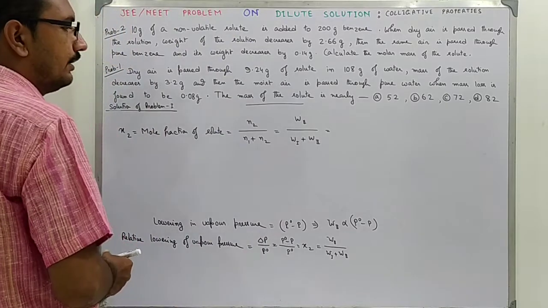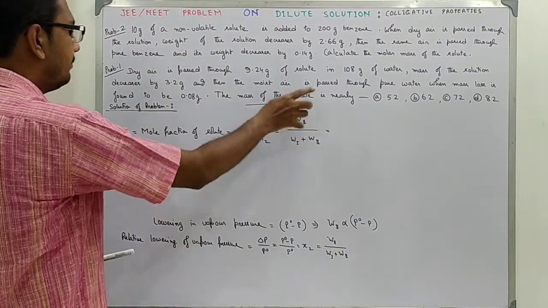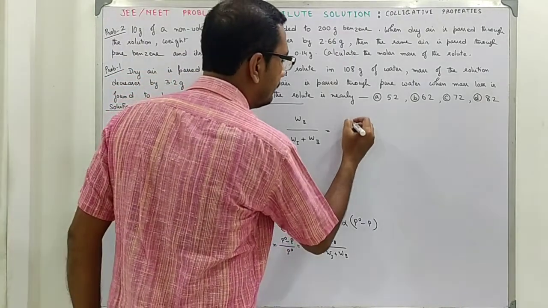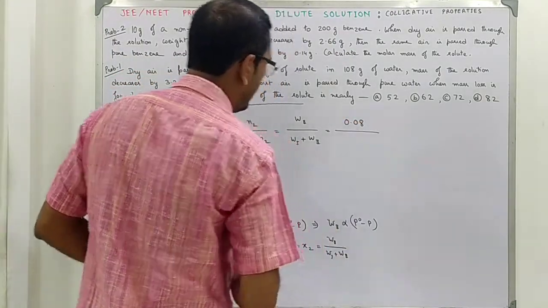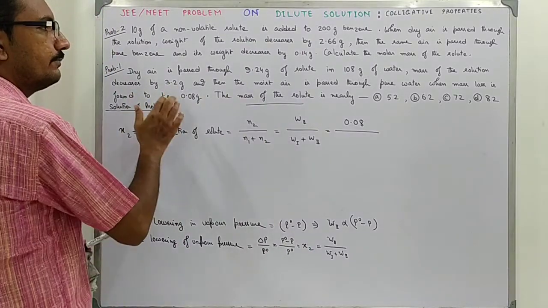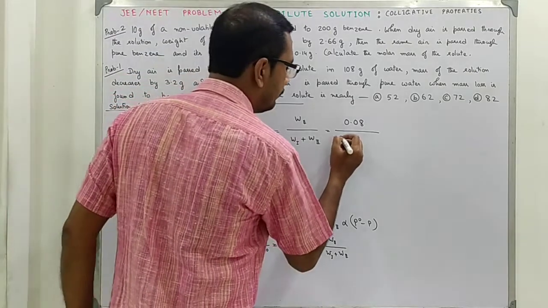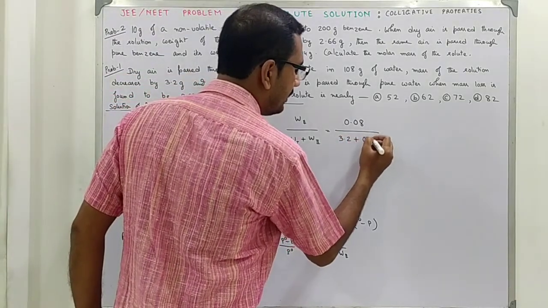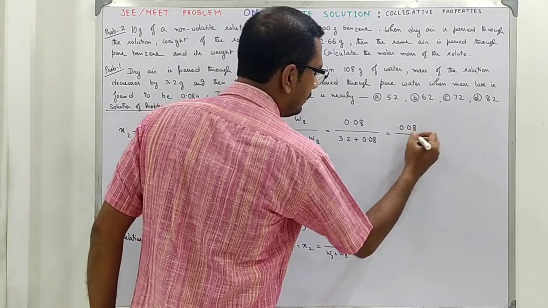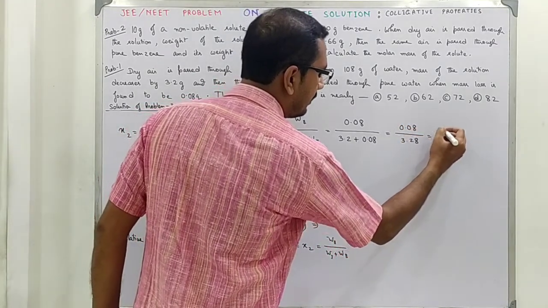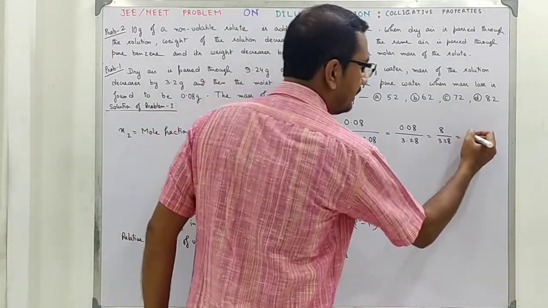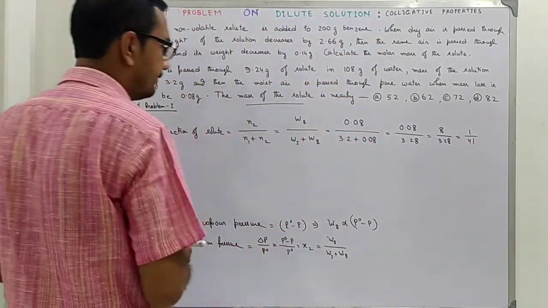This W2 is the loss of mass in the pure solvent, that is 0.08, and W1 is the loss of mass in solution, it is 3.2, it is again 0.08, so it will be 0.08 upon 3.28 equals 8 by 328, this cancels out and it will give you 1 upon 41.